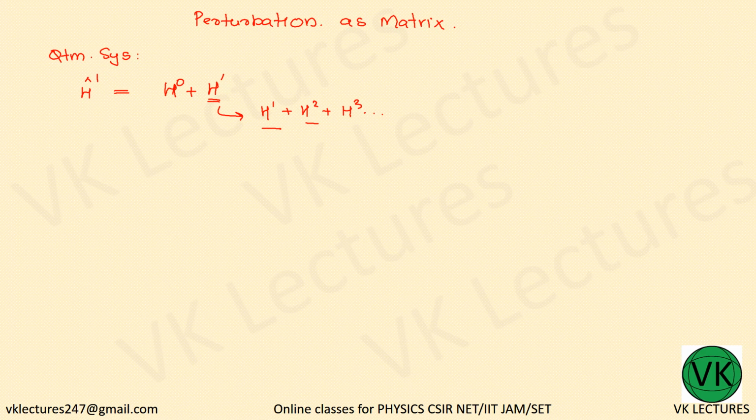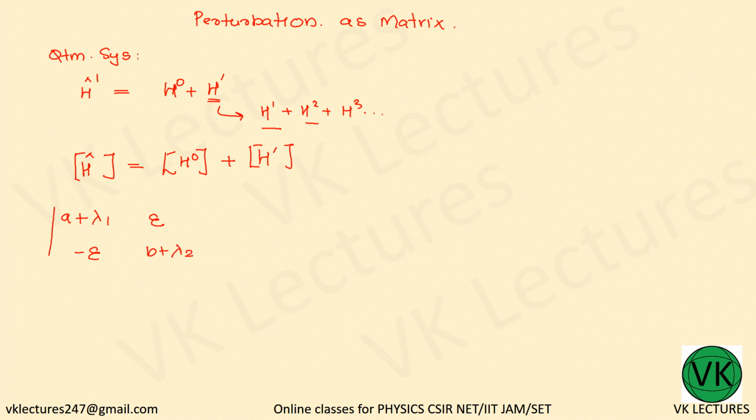So now we are going to write the H dash. If it is in the form of a matrix, then you can also write the H naught in the form of a matrix. That means the unperturbed Hamiltonian plus the perturbation which is added, in the form of a matrix. Just as an example, you can take A plus lambda 1, which is one perturbation, epsilon, minus epsilon, then B plus lambda 2.